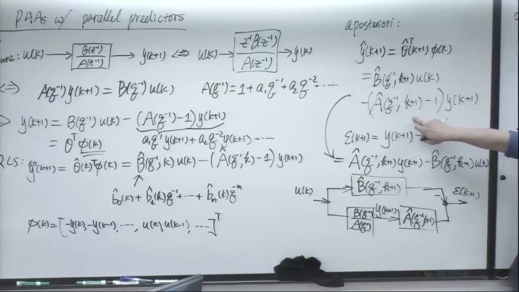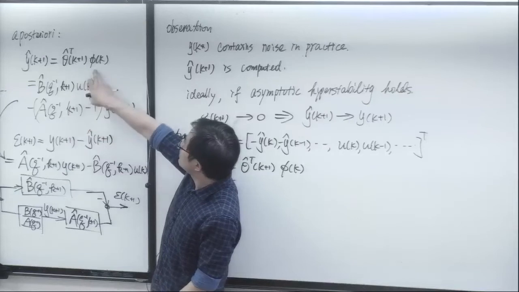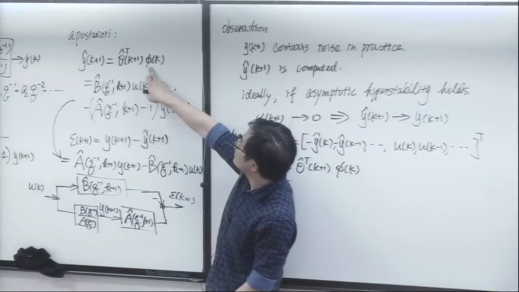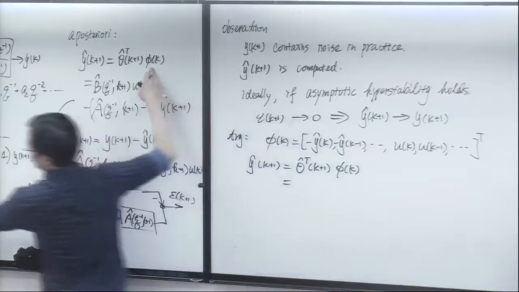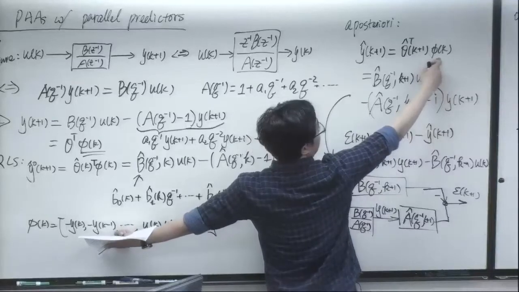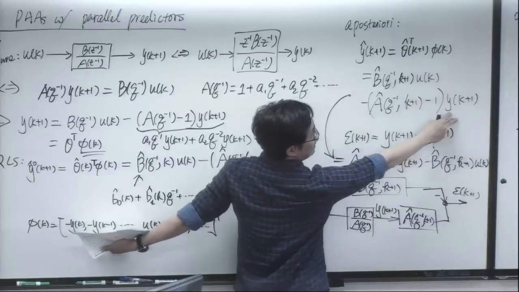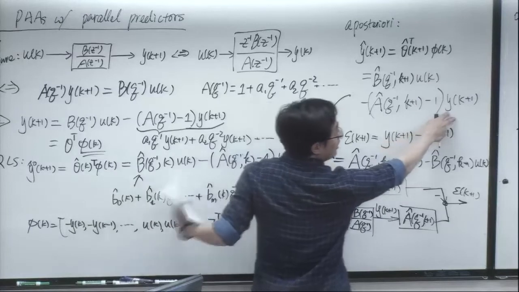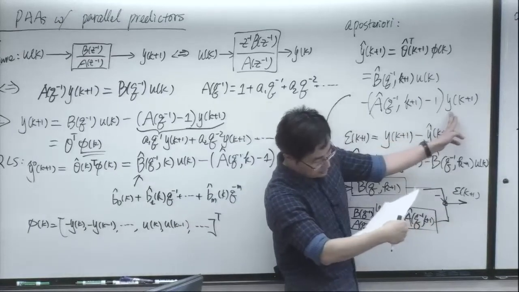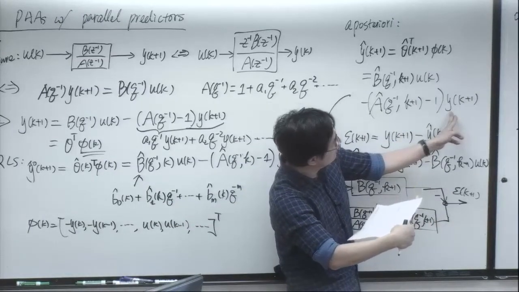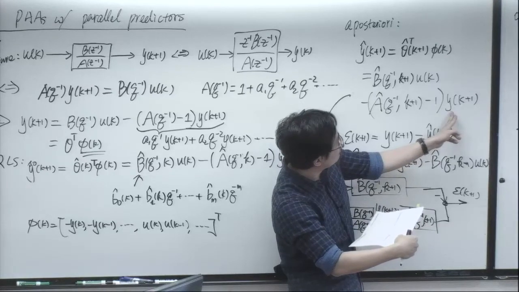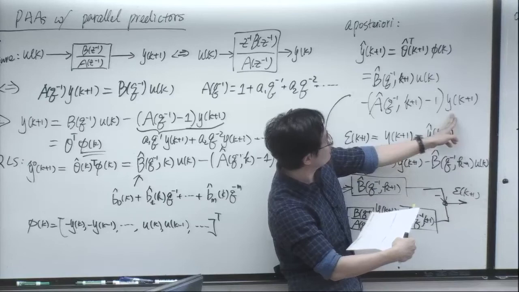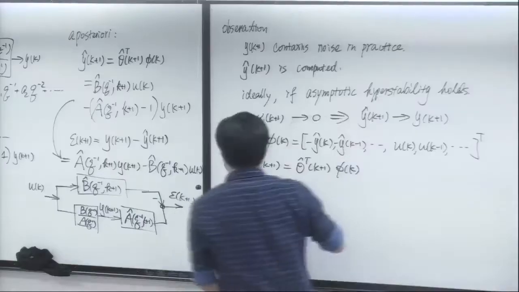So the different thing is the regressor. Whatever appears in here as y will be replaced with y hat. So in other words, we are effectively replacing this with the y hat signal. So let's write it more carefully.